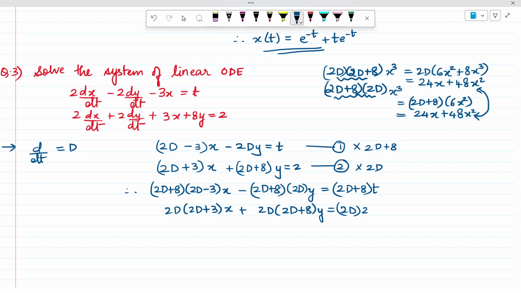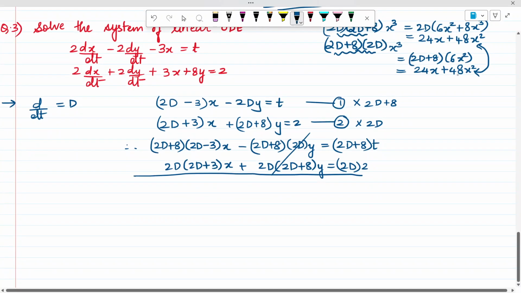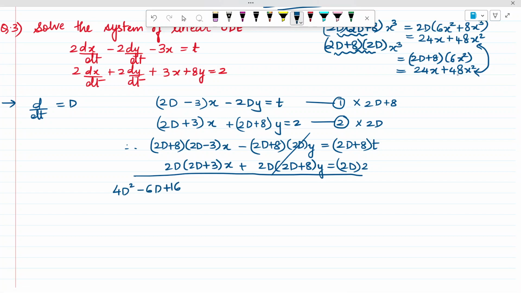Okay, and this is because we are going to now add these two equations. When I add these two equations, these operators will get cancelled, because these two will give you the final result exactly the same. Okay, now let's add the other terms. The first term is 4D square minus 60 plus 16D minus 24, and the second one is 4D square plus 6D, and this entire thing is applicable to x.